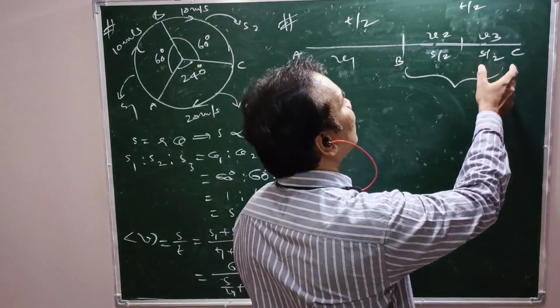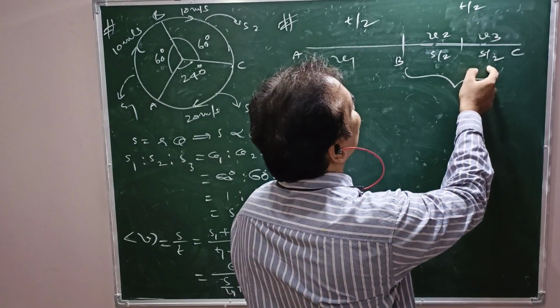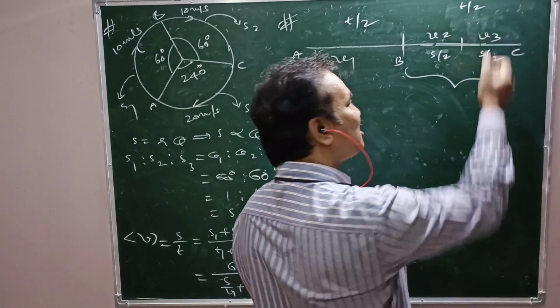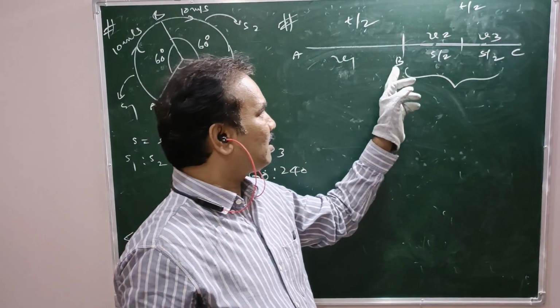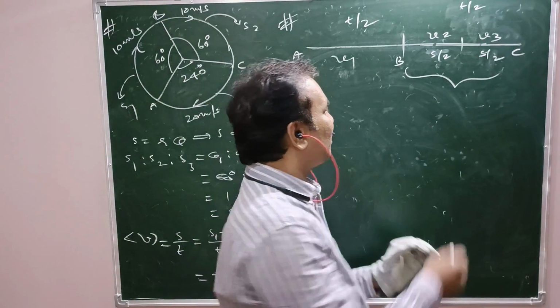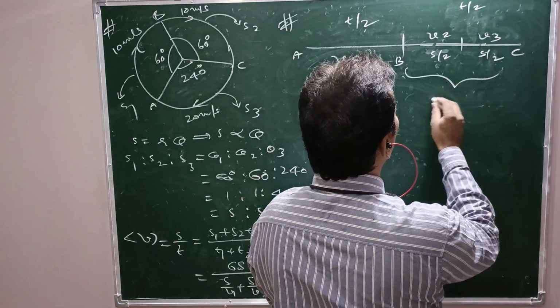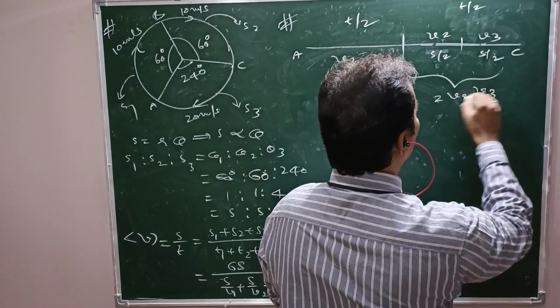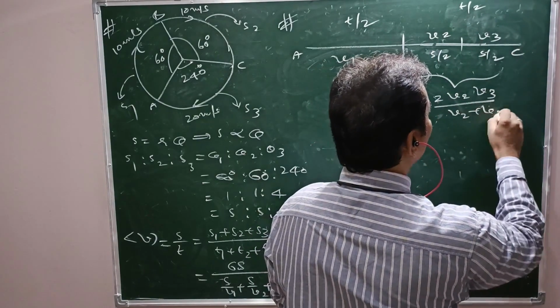Half of the distance with v2, next half of the distance with v3, means distance average speed. Now, as far as segment BC is concerned, what is the average speed for segment BC? That is average speed equal to 2 v2 v3 by v2 plus v3.